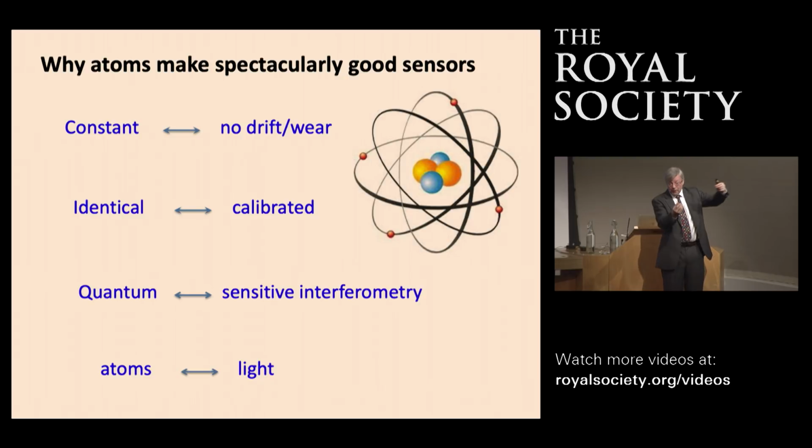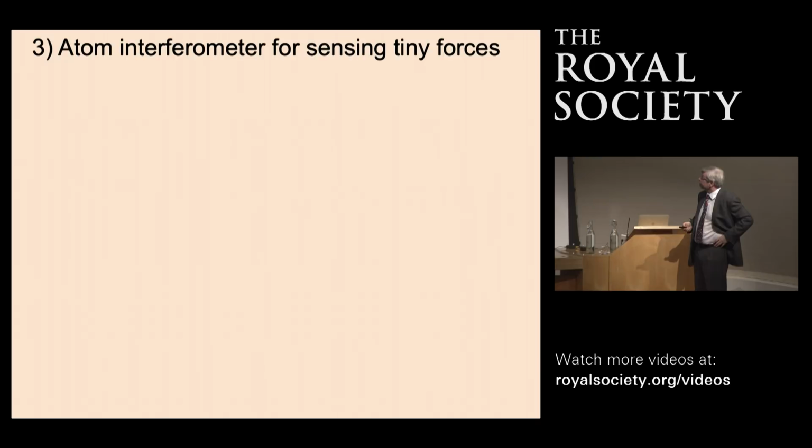So you can shine light in to prepare the atom and make it work the way you want it to. You can use the light to probe what it's doing, and this way it can interface with the outside world. And I think this symbiotic relationship is important for making the atoms into a useful sensor.